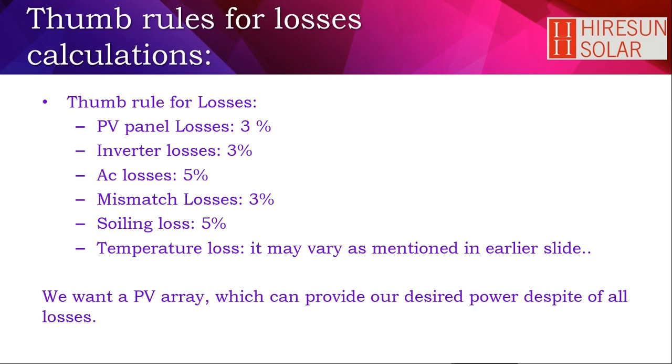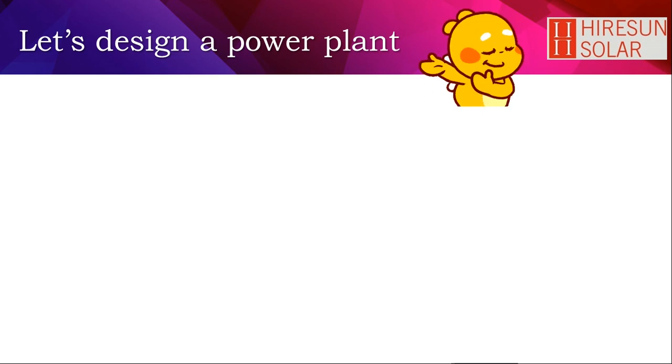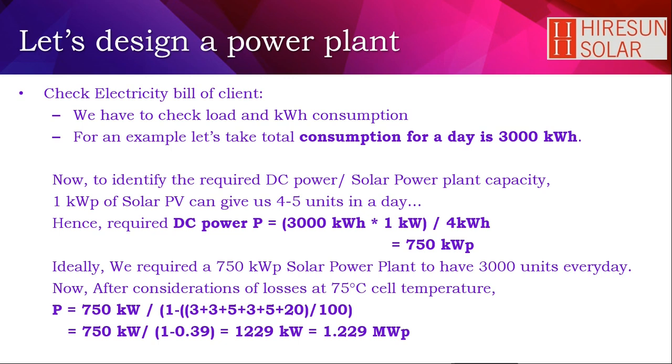So we want to connect a PV array which will provide the desired power despite all the losses. So let's design the solar power plant. If you want to design the solar power plant, we shall consider the bill of the client. If you check the electricity bill of the client, you have to check the load and energy consumption.